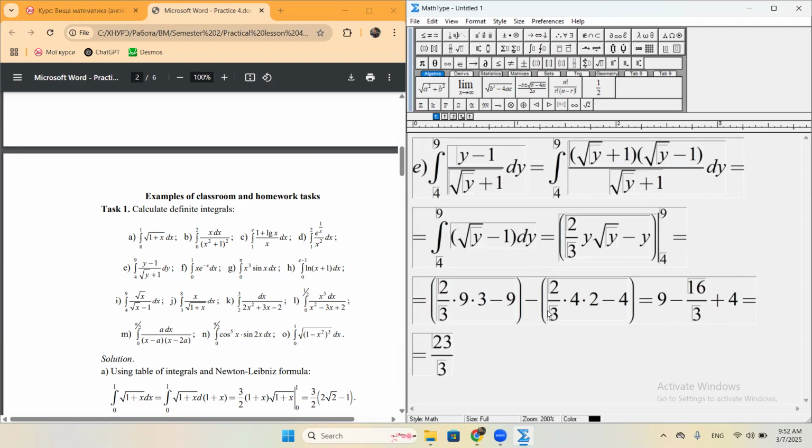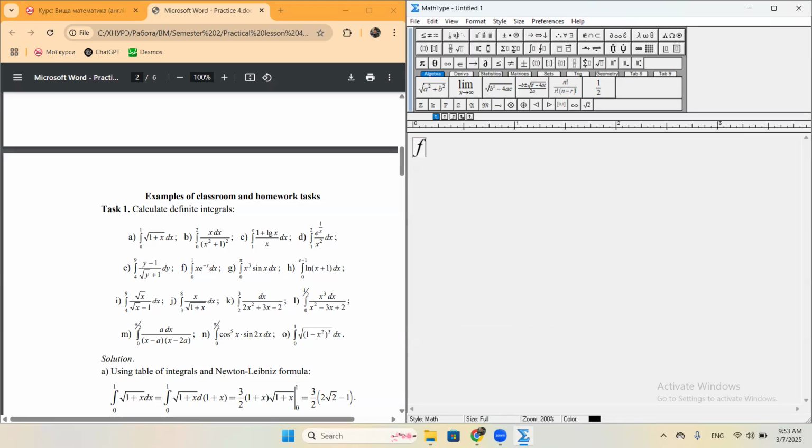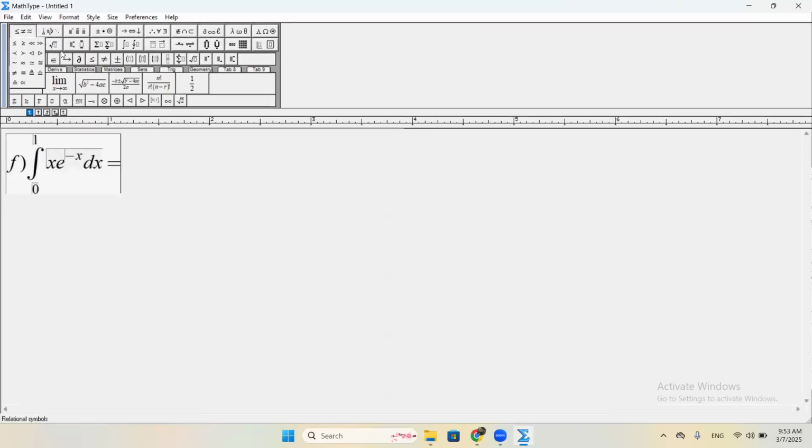Okay, as I see, no questions. So let's move next. Now we will use the formula of integration by parts. So it's time to review it. As you remember, as u here we take a polynomial, so the polynomial is just x.